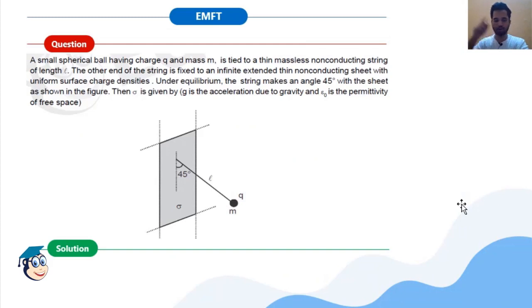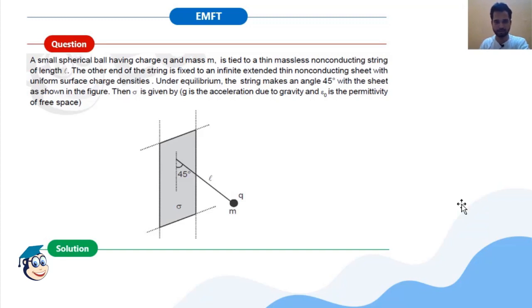Let us solve one more question, and this is a general question. In this question, a small spherical ball of charge q and mass m is given. It is tied to a thin massless non-conducting string of length L. The end of the string is fixed to an infinite extended non-conducting sheet with uniform surface charge density.